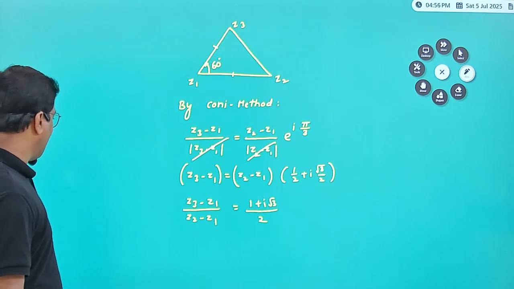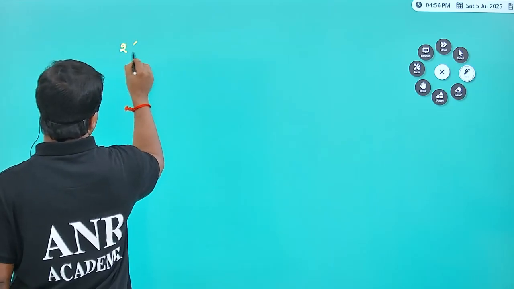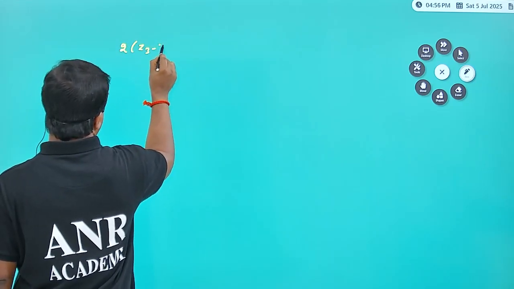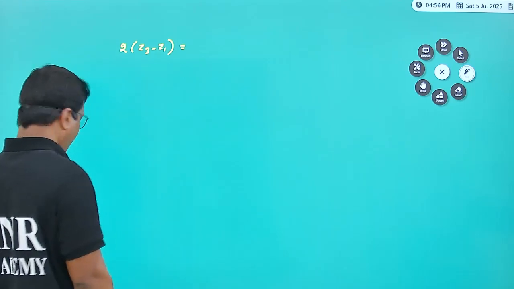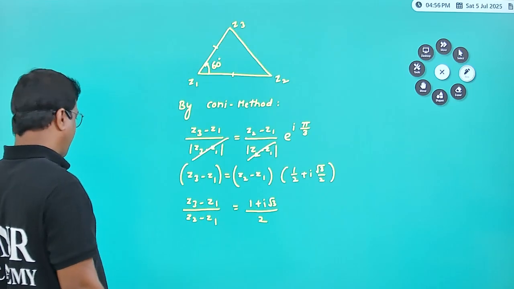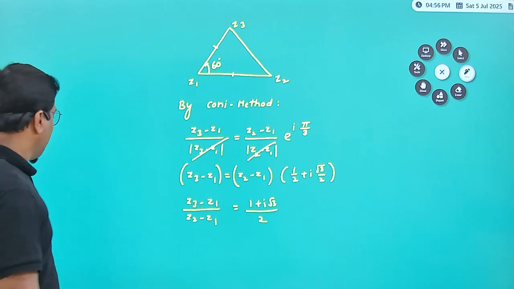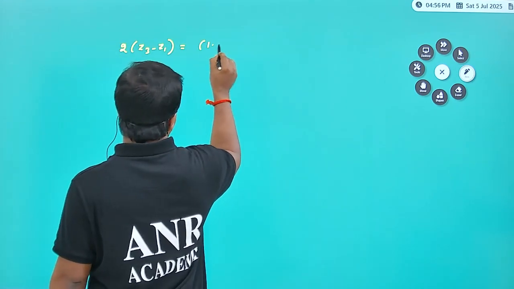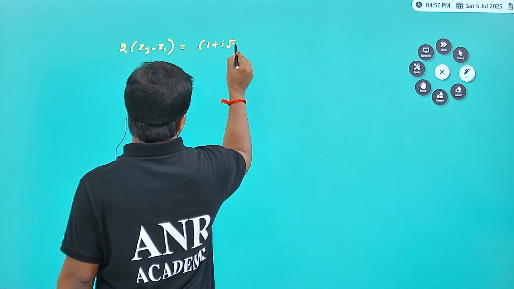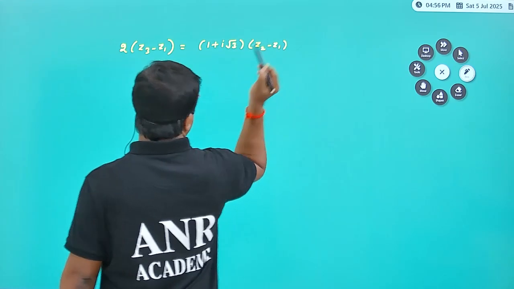Left hand side 2 times of Z3 minus Z1. On cross multiplication, next in the right hand side 1 plus I root 3 multiplied by Z2 minus Z1.